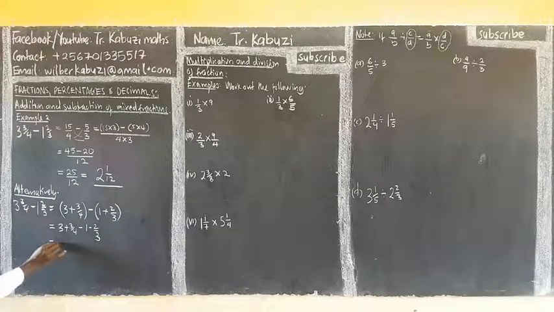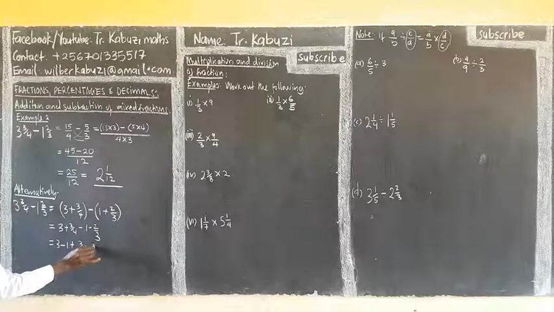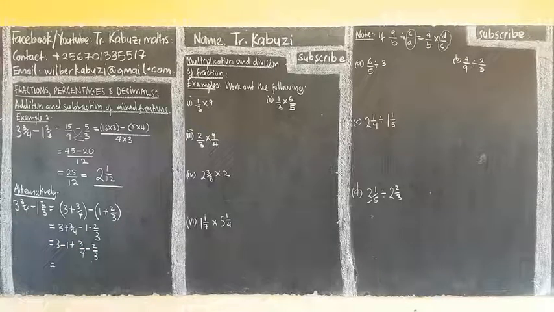So this will be 3 minus 1, then plus we have 3 over 4, then minus 2 over 3. So you see this will give us 2, then plus here. Can you simplify this one here?